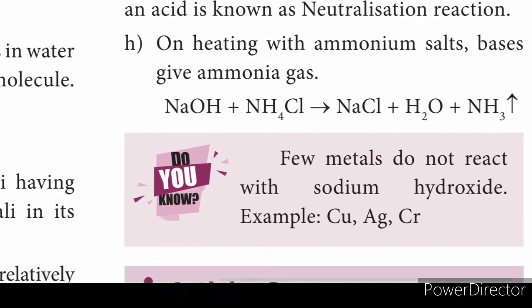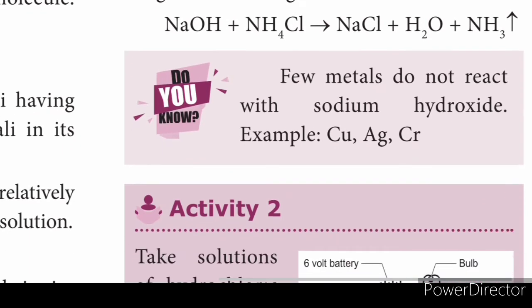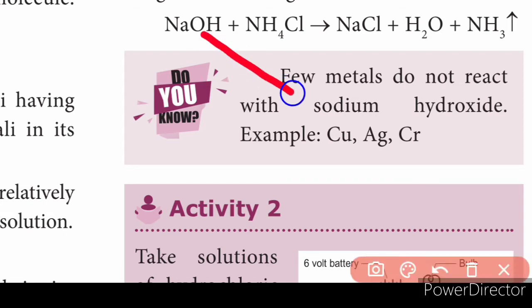A few metals do not react with sodium hydroxide. This may come as a 2-mark question. The formula of sodium hydroxide is NaOH. The metals which do not react with sodium hydroxide are copper, silver and chromium.